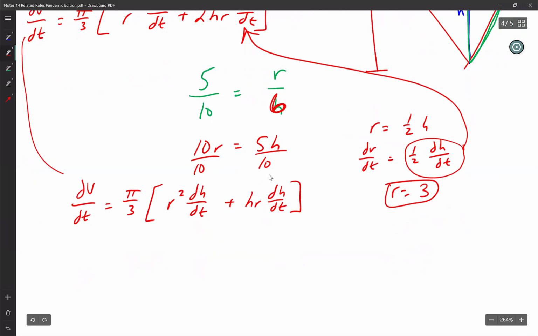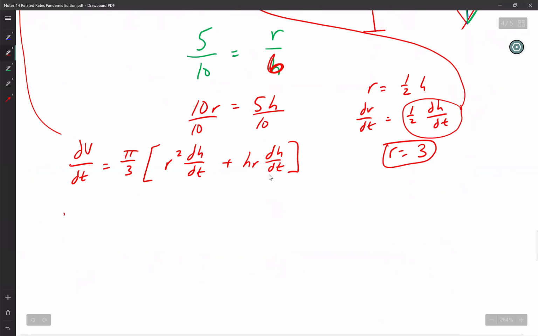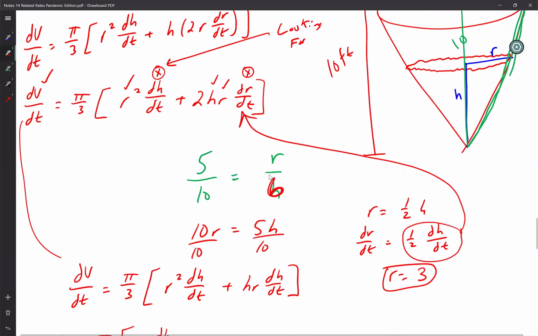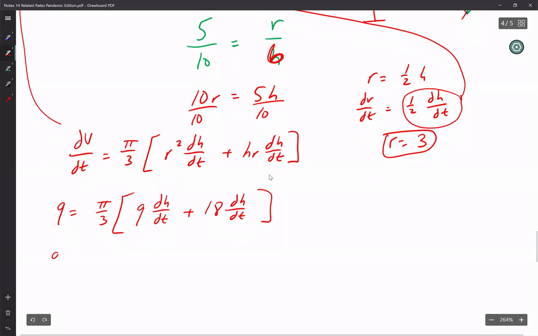All right, we got everything we need, guys. Here we go. dV/dt is 9. So 9 equals pi over 3 times 3 squared, so that's 9, dh/dt plus h. What was h? 6. 6 times 3, 18. dh/dt. 9 equals pi over 3 times 27 dh/dt.